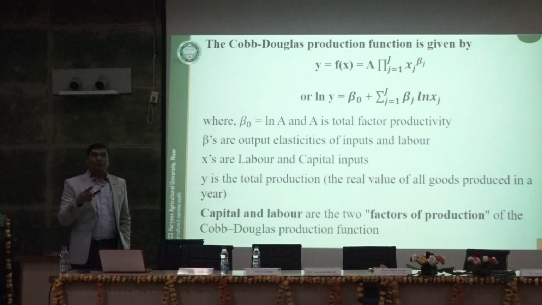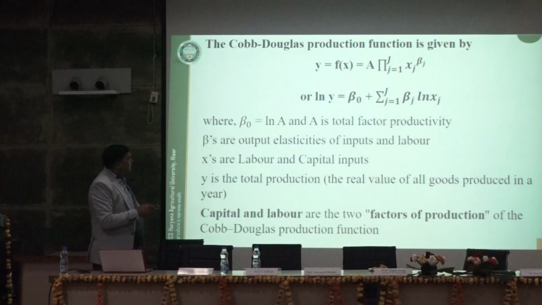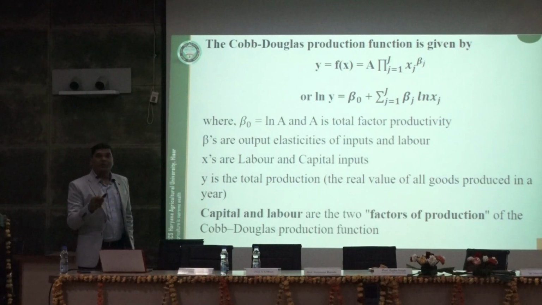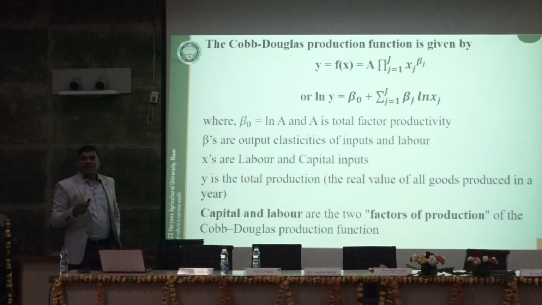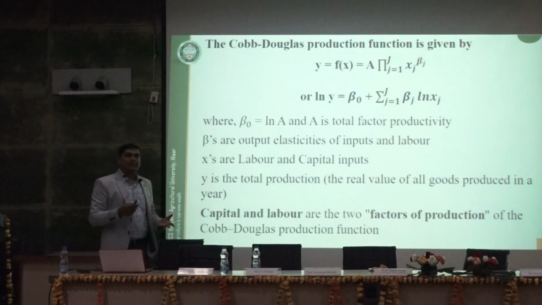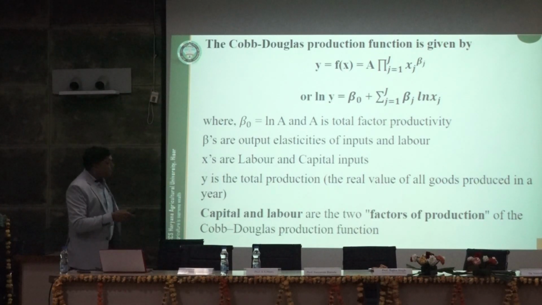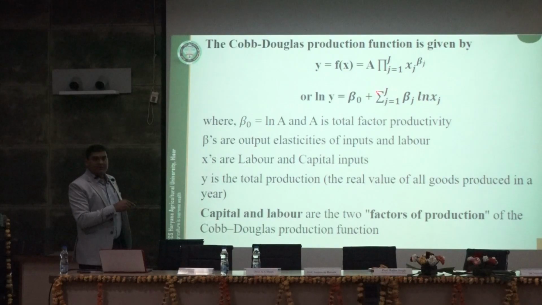X1 means the first input variable, x2 the second input variable, and this beta j is the coefficient of elasticity. That tells how much the input variable affects the output variable. So after taking the logarithm, the equation becomes this type of equation, the linear equation.